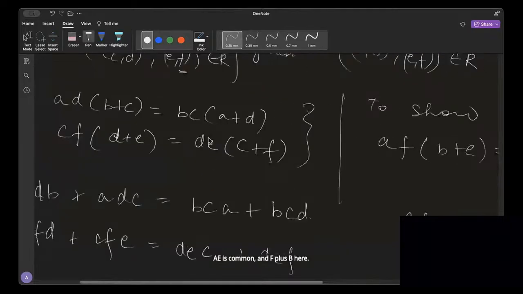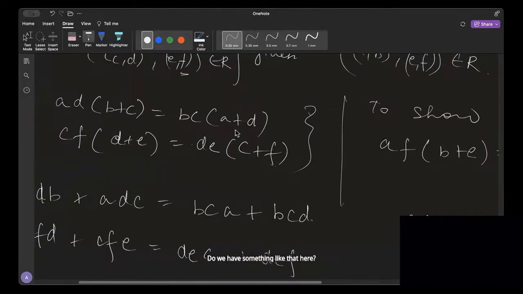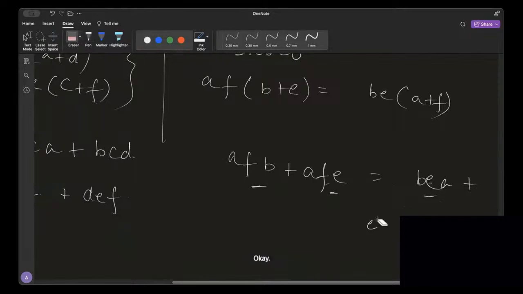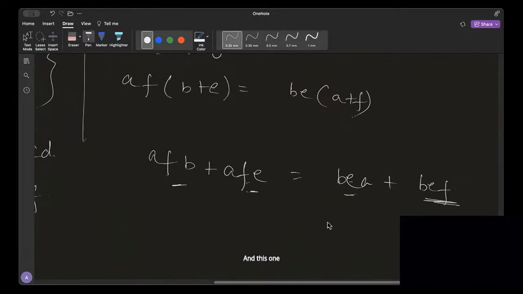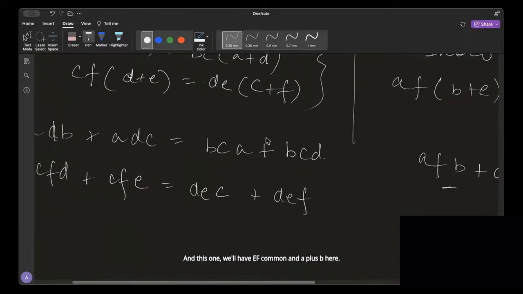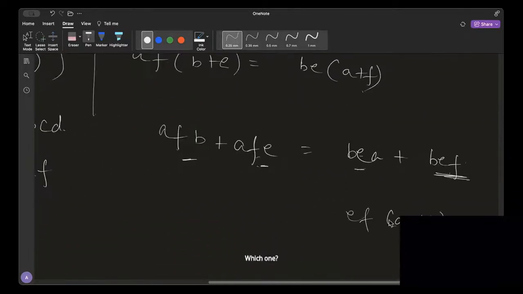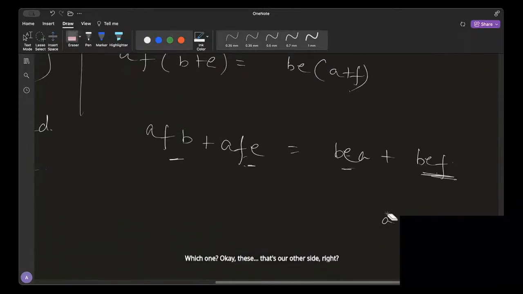Do we have something like that here? AE? No. Okay. If we take this one and this one, we'll have EF common and A plus B here. Won't it be A minus B? Which one? Okay, these, that's on the other side, right?